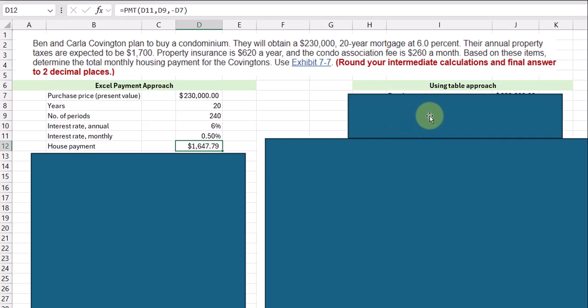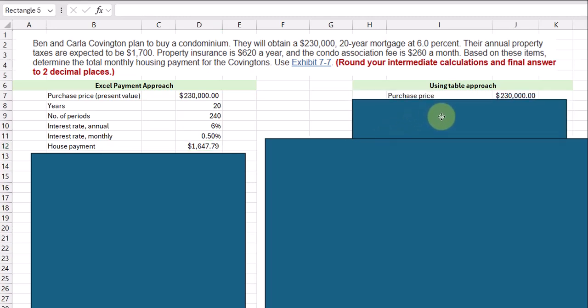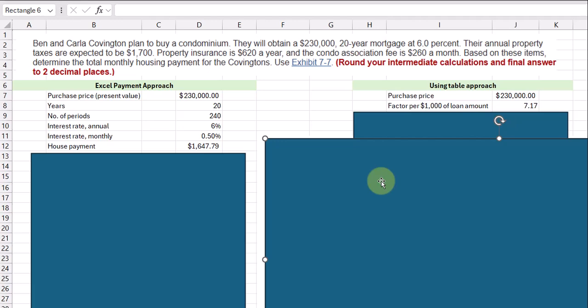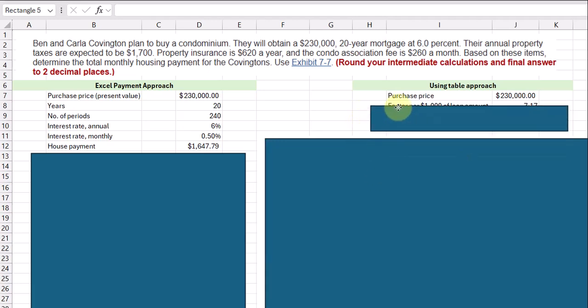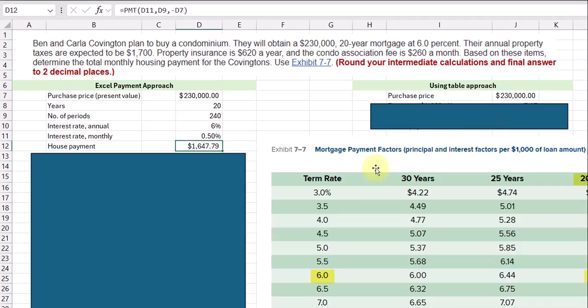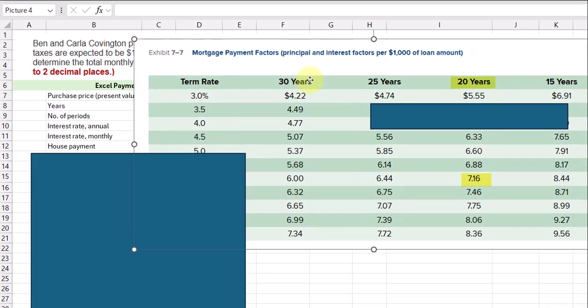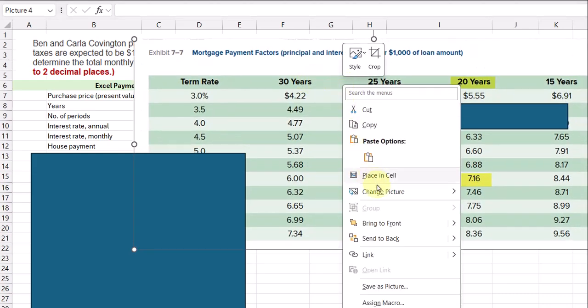Now, if we use the table approach, what we do is we write down the purchase price, and then we need to look at the table. Let me shrink this a little bit, move this here. Bring the table to life. I'm going to slide this over. Let's bring this to the front.